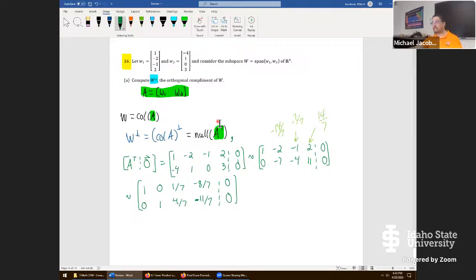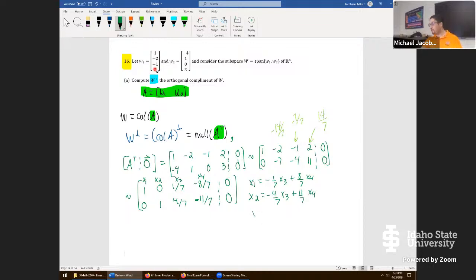So we're looking for a null space, and we're trying to find the W perpendicular, the orthogonal complement. So standard steps at this stage, it goes x1, x2, x3, x4. x1 equals -1/7 x3, plus 8 sevenths x4. x2 is -4 sevenths x3, plus 11 sevenths x4.